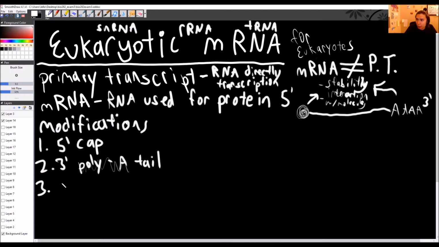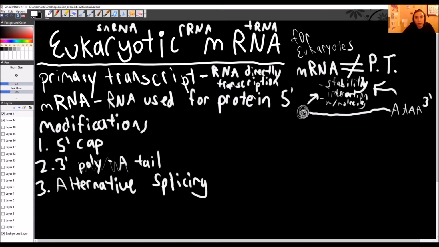The 3rd one is the one that you should be most aware about, which is alternative splicing. In eukaryotes, not everything of a primary transcript that is meant for proteins is translated, meaning before our mRNA is read by a ribosome to produce the amino acid chain to make the protein, it is cut up to remove parts that are not wanted.